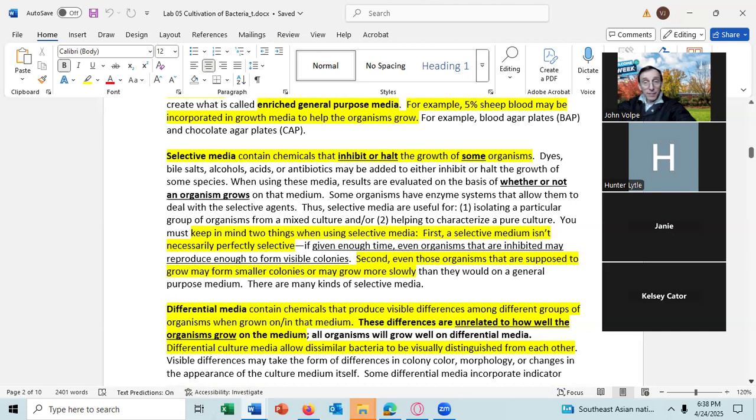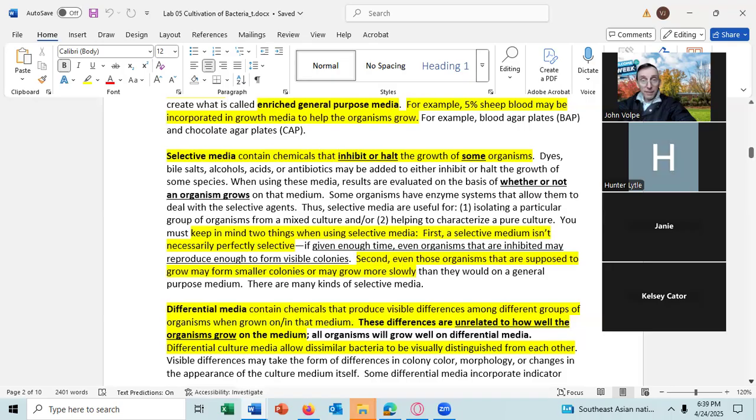Given enough time, even organisms that are inhibited may reproduce enough to form visible colonies. And second, even those organisms that are supposed to grow on the selective media may form smaller colonies or may grow more slowly on the selective media than they would on the general purpose media. Any question about any of that?